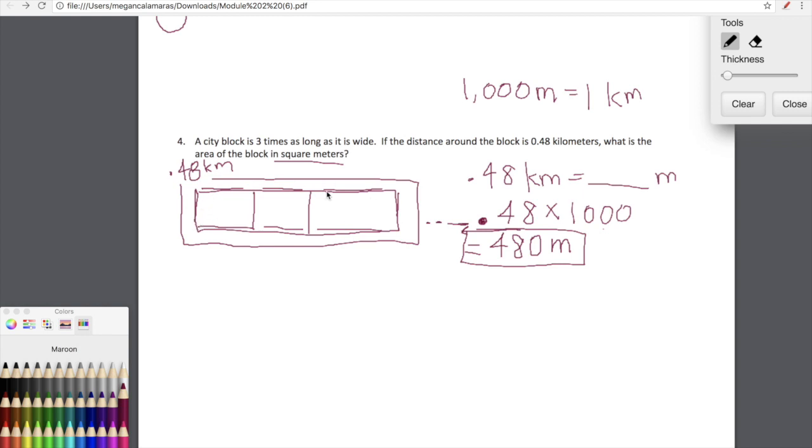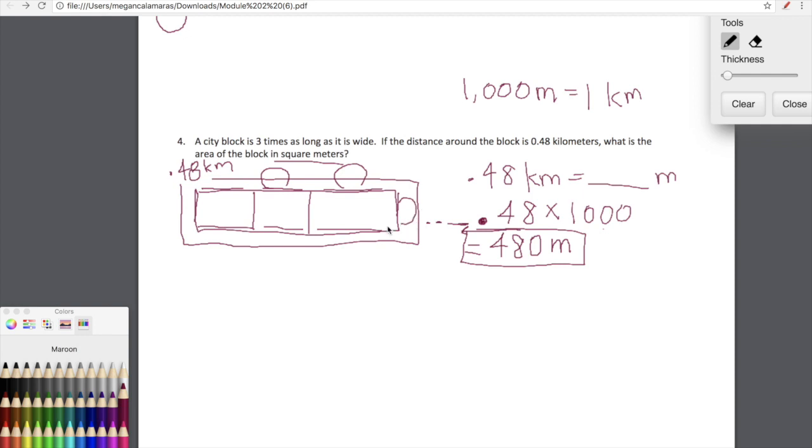We have 8 separate units within the city block diagram. The distance around this block is 480 meters. If we have 480 meters stretched across 8 units, how can we figure out the distance of each unit? Okay, I smell a division problem.